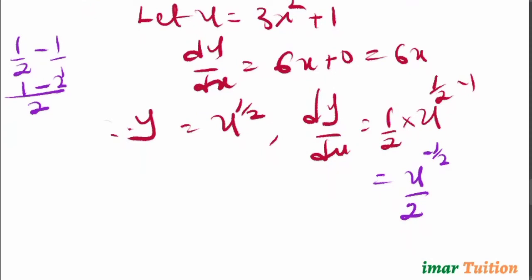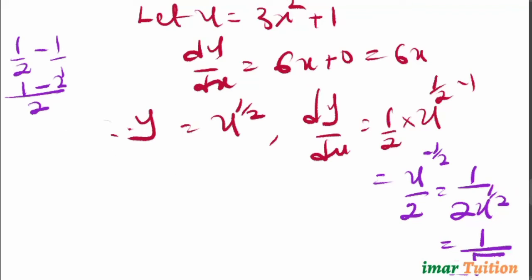Going forward, u here can actually come down so that the power becomes positive. You now have 1 over 2 u raised to power 1/2, which is equal to 1 over 2 square root of u, correct?